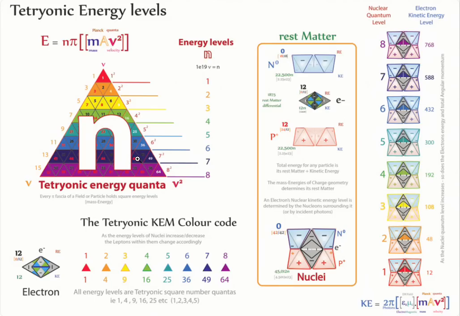And then we can add energy in square or in odd numbered quantas, boson levels, to each charge fascia and increase its energy level. In doing so, within the atomic nucleus, we can step from energy level N1 through to N8. In reality, these are energy levels 25 through to 32.